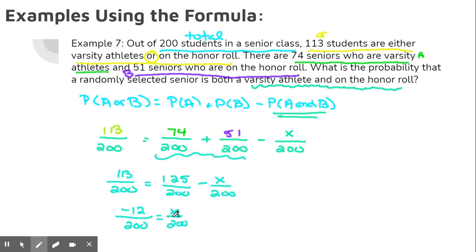And again, we're only looking for the numerator. So this should be a negative X because of here, so X is actually a positive 12. So the probability of a student being both a varsity athlete and on the honor roll is 12 out of 200 seniors, or you can write it as a fraction.